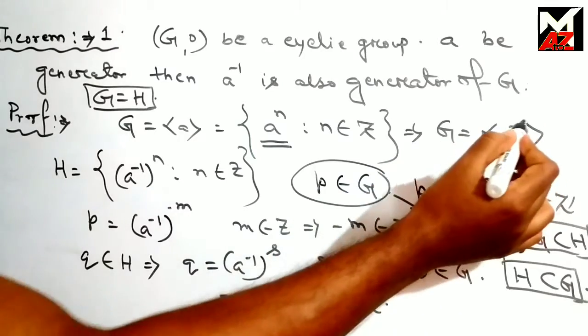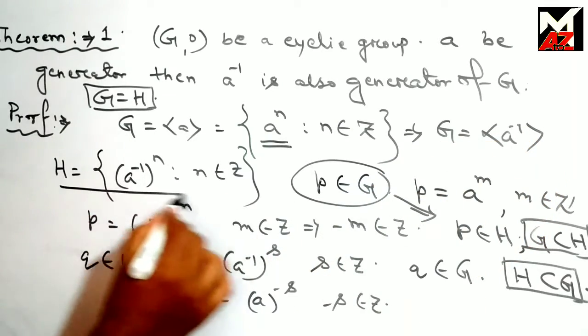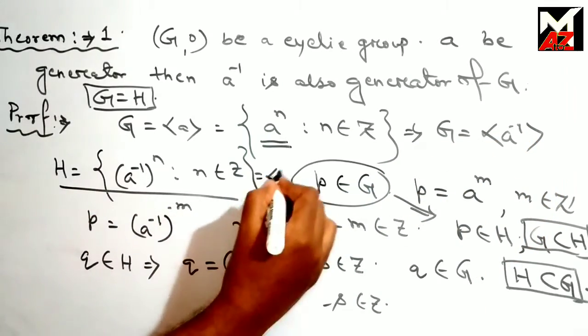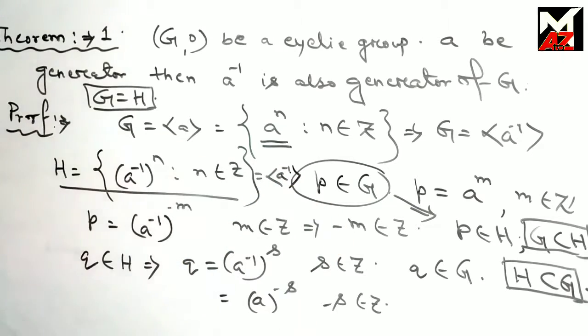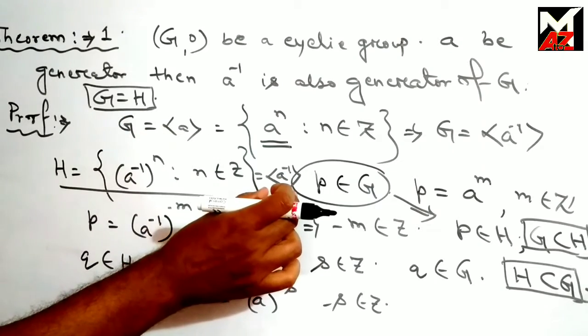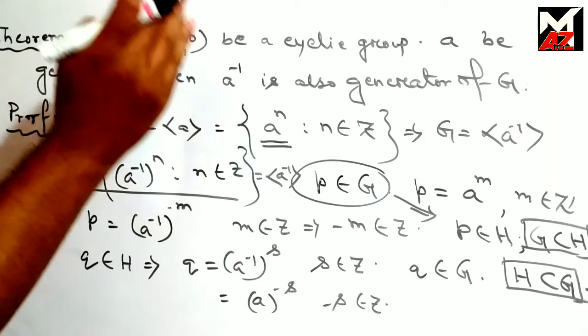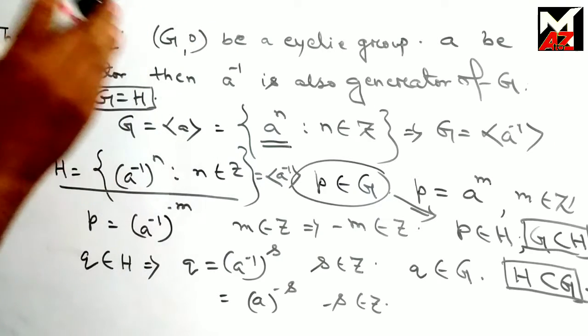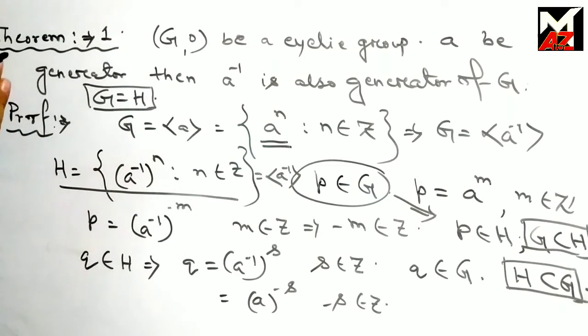And since H is the cyclic group generated by a to the power minus 1, G and H being equal means G is generated by a to the power minus 1. So if we find one generator of the group, then the inverse of this generator also generates this group. Okay.